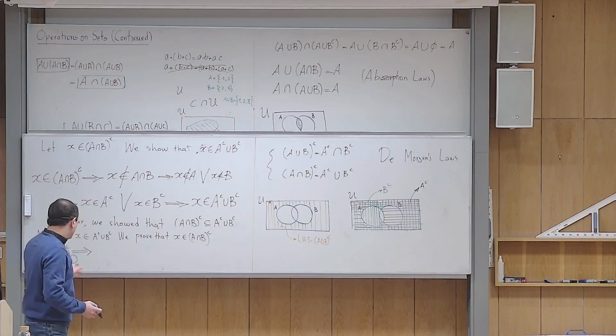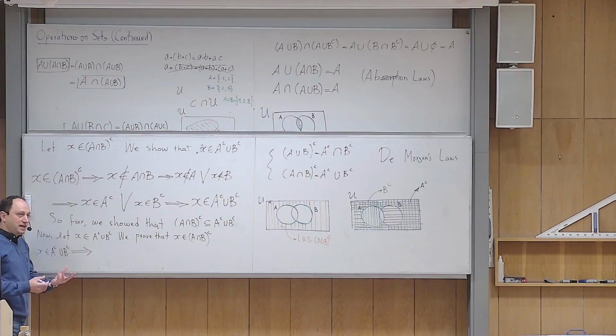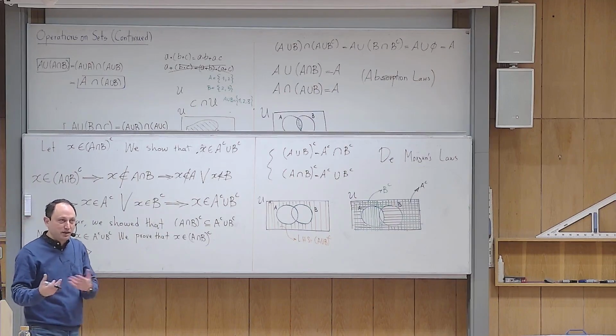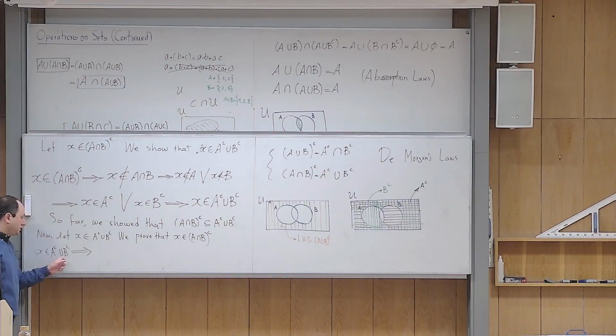Yes. X belongs to this set or that set, whatever the names are. I don't care about the names. X belongs to the union of two sets. Definitely X belongs either to the first one or to the second one. You see, I am not calling them A complement, B complement, yes? Whatever the names are, I don't care.